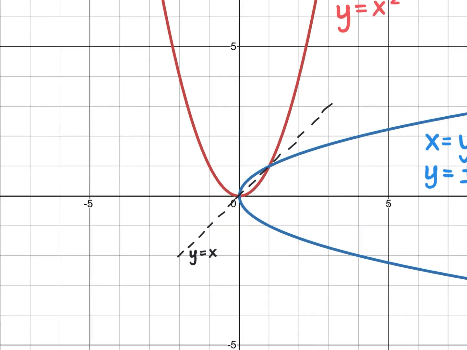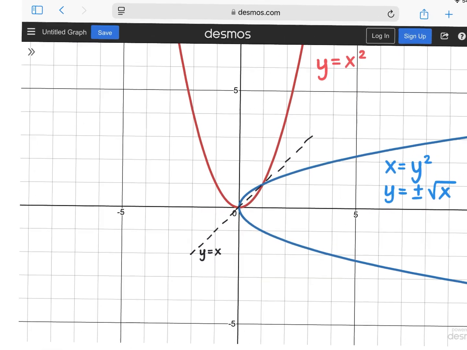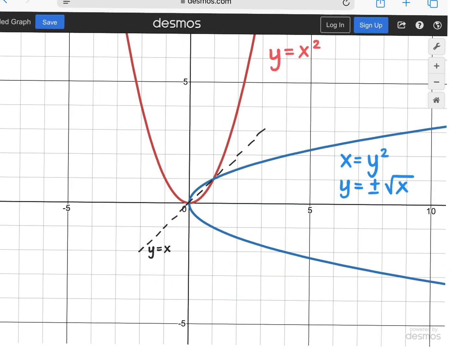Okay? So, for example, if I go back to my original y equals x squared, I could pick a point on here. I don't want to pick one where this intersects, so I'm going to take this point right here. This is the point 2 comma 4.